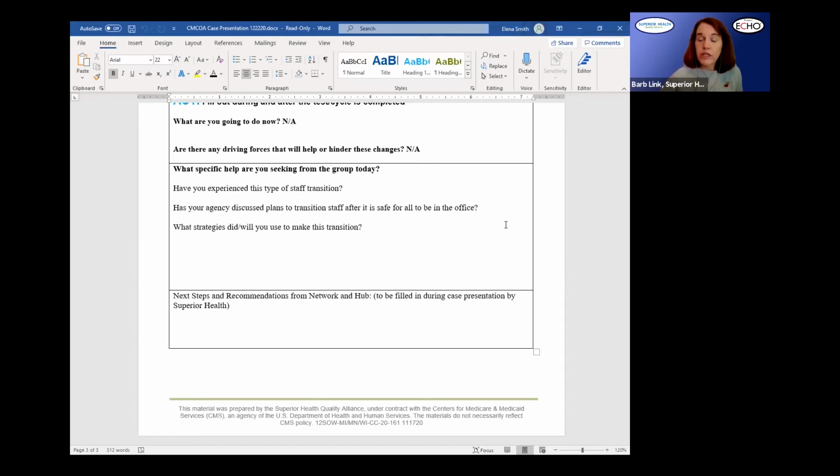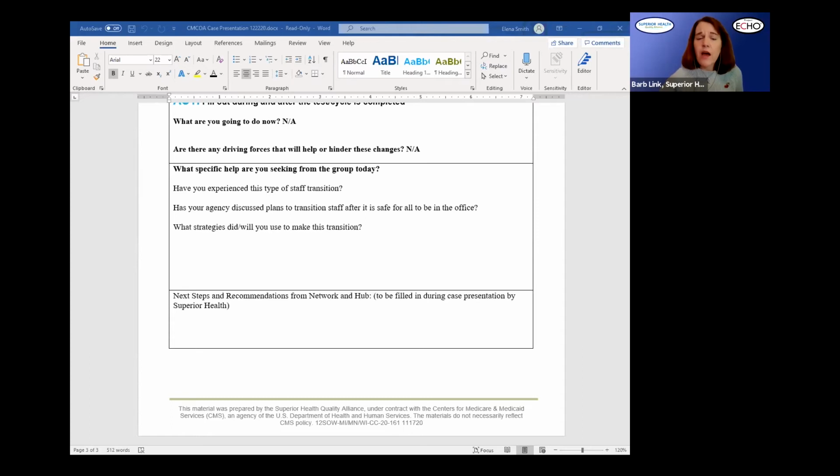You had all been working either in your main branch or at a satellite office, but due to the pandemic, the organization had people start working remotely from home, but the leadership's vision is to have everyone return to an office-based work environment. Is that a pretty accurate summary of the case? Yes. Very good. Okay, great. Thank you.